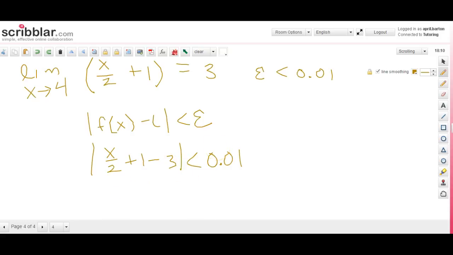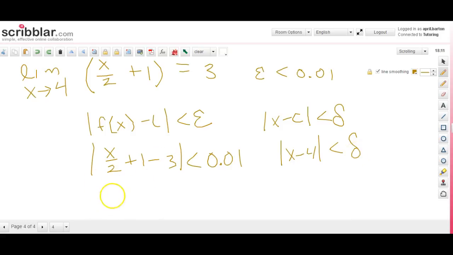We know the formal definition for delta, and I'm just going to focus on the part we really need. The absolute value of x minus c is less than delta, and we know c is 4. So we want to rewrite this so it says x minus 4 over here so that we can figure out what delta is.